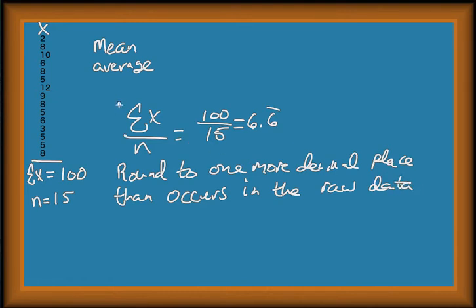Our raw data is just the data values that we haven't done any calculating with, just the data values that are recorded. And these are all whole numbers. So when we round this mean, we should round it to our tenths place, one more decimal place than occurs in the raw data. So that would be 6.7 then.